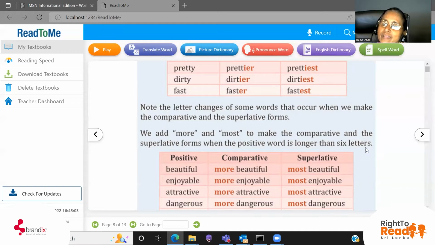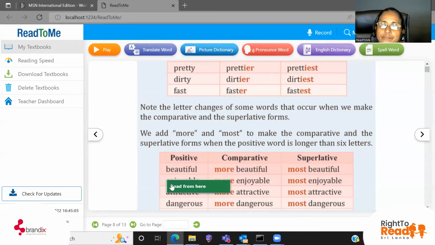There we add what? Beautiful, more beautiful, most beautiful. We don't say beautifuler or beautifulest. Never. Then we add more and most for comparatives and superlatives.